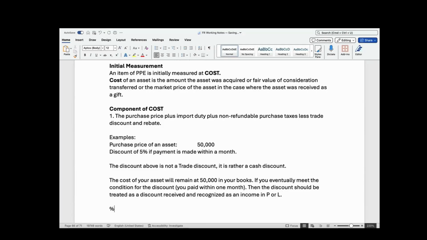So you see that 5%, this is just a discount received.